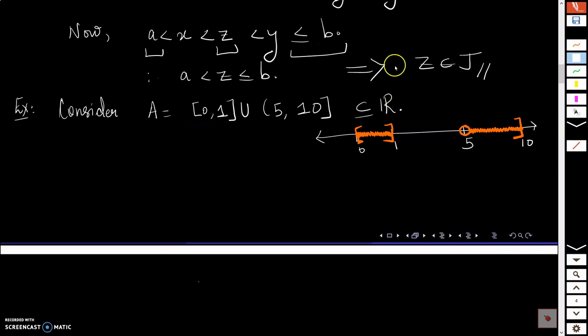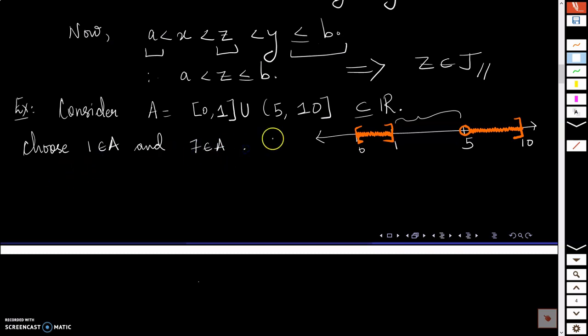Because if you pick up any point between 0 and 1, say 1, and if you pick up a point here, 7, then there are so many points here which are not inside A, but 1 and 7 are there in A. So what you do, you choose the point 1. 1 is there in A, so I'll choose 1 in A, and I will choose 1 point of A from the other half, let's say 7.